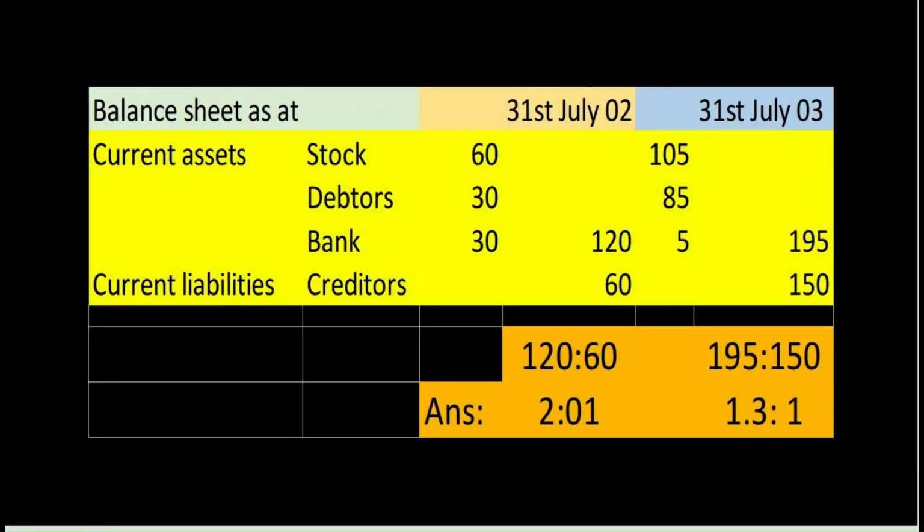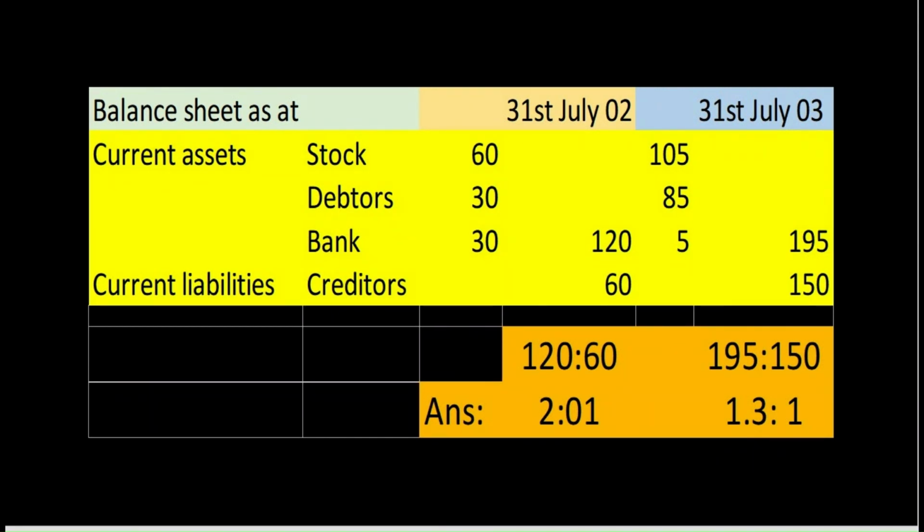Okay, in order to answer the question we have to take only the current assets and current liabilities separately. Current assets: stock 60, 105. Debtors 30, 85. Bank 30, 5. Total 120, 195. Current liabilities 60, 150. In the first period, compare the current assets with current liabilities.